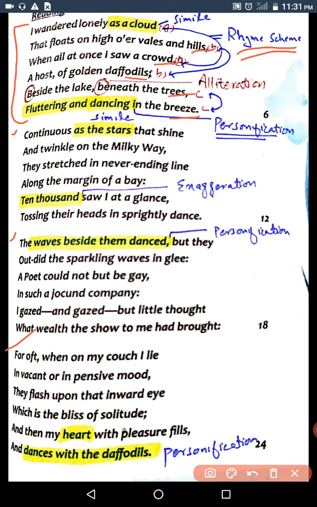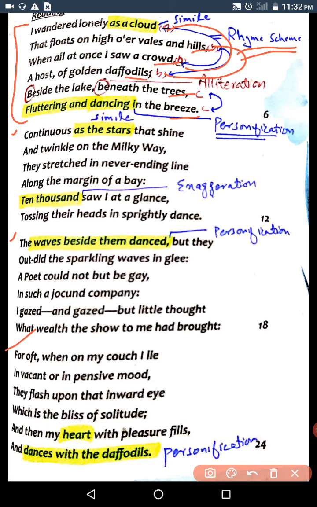So the rhyme scheme here is that the first line rhymes with the third line, not with the second one. The second one rhymes with the fourth one, and then these two rhyme with each other. They neither rhyme with the fourth one nor with the third one nor with the second one, but they rhyme with each other. So if we give it a and this one b, so again a and b, a rhymes with a and b rhymes with b, okay, and c rhyme with each other. So this is the rhyme scheme.